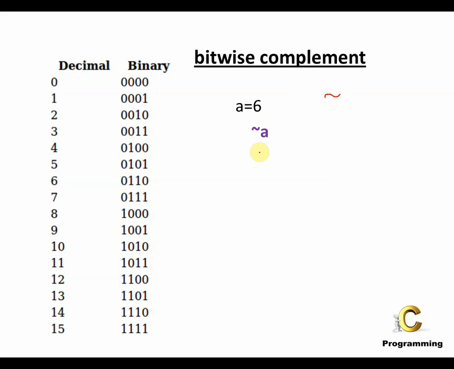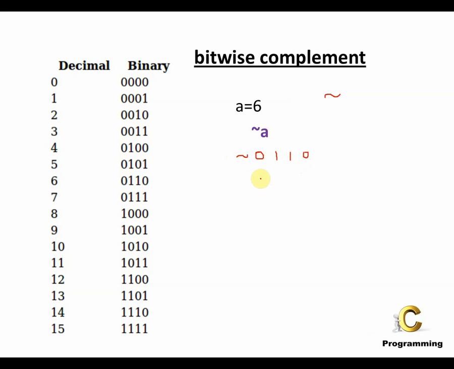So let's write down first of all in binary what 6 is. In binary 6 is 0, 1, 1, 0. So when we have to perform a bitwise complement of this, it will be the complement of 0, 1, 1, 0.